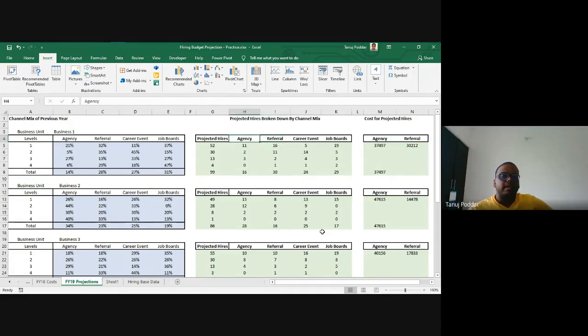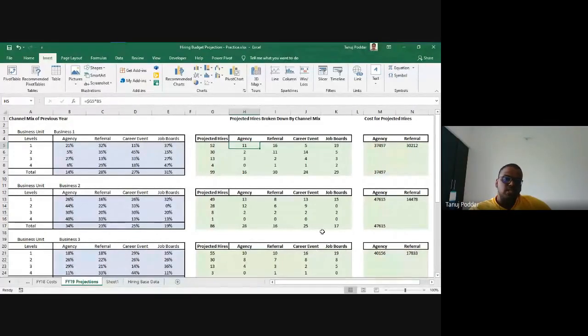So what I'll calculate is, for hiring 11 people, what is the cost that I have to generally incur. For doing that, I know that these 11 hires are for level 1 and business 1, right? So I need to know that for 11 hires, how much cost I'll incur.